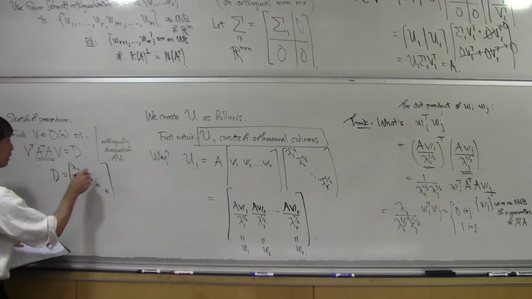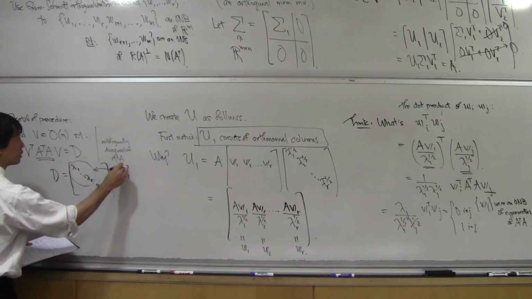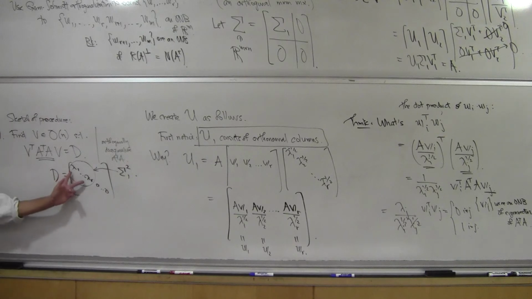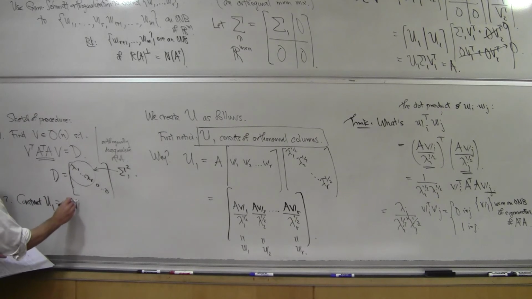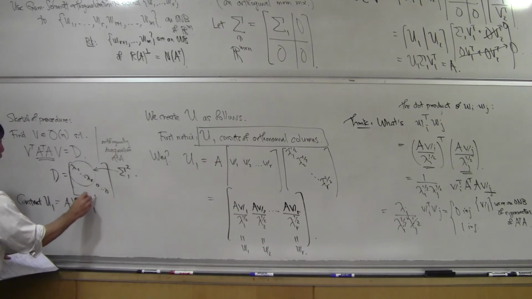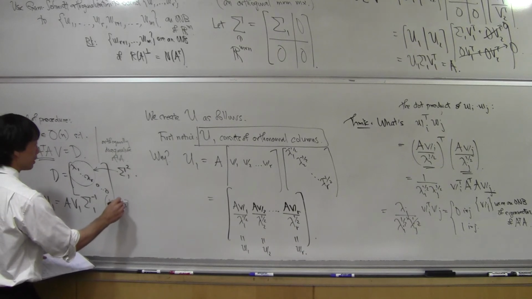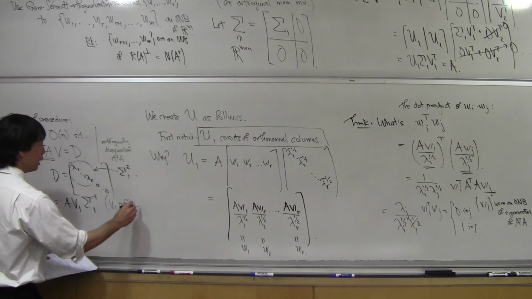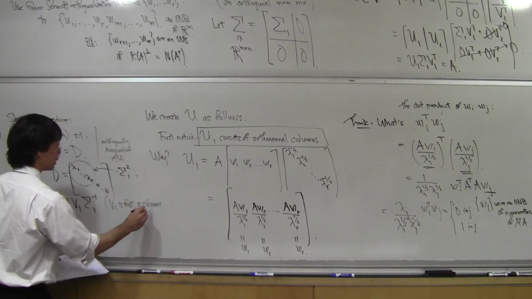And this here is sigma 1 squared. The square root of that diagonal matrix is sigma 1. So the second step: construct U1 as A V1 sigma 1 inverse, where V1 is the first R columns of V.